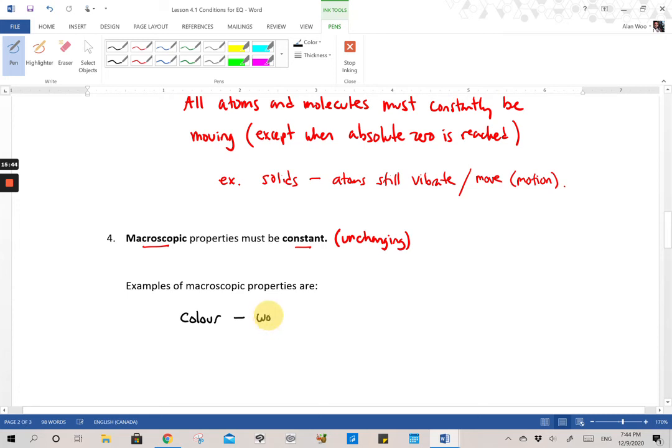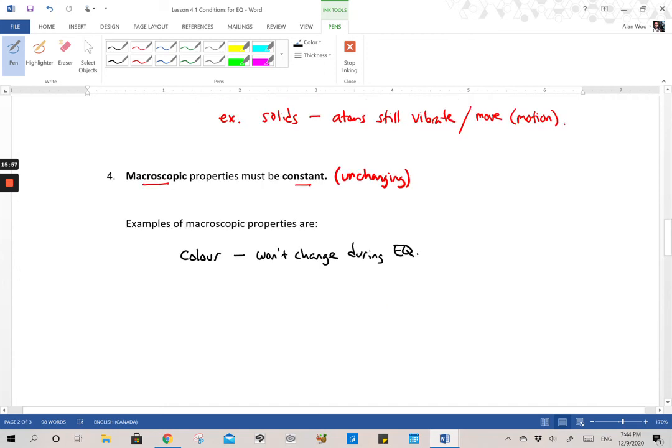So it won't change during equilibrium. When it's not at equilibrium, yeah, there's color changes everywhere. So not at equilibrium, color changes occur.